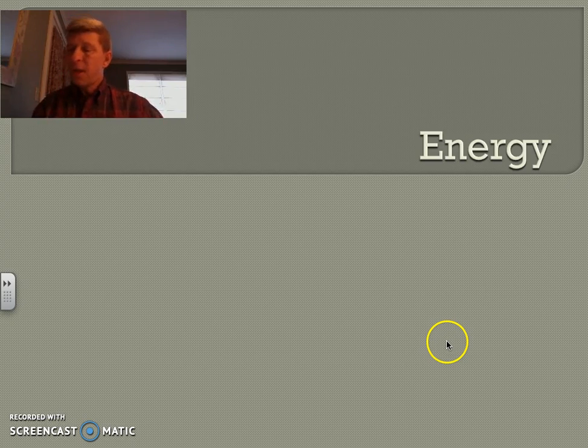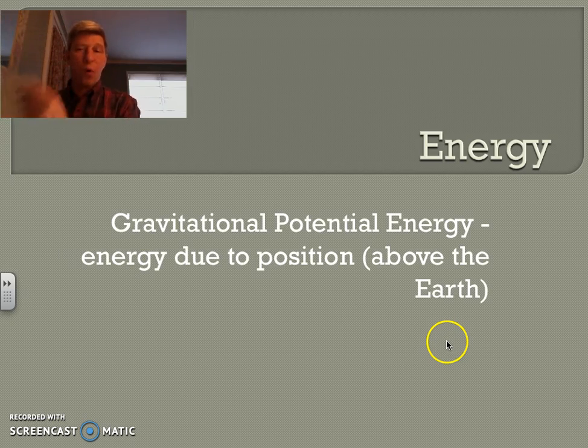Okay. That brings us to our next little trick, our second major form of energy, which is the gravitational potential energy, the energy due to the position. Okay? And because we are earthlings, or at least most of us are, yes, I'm talking to you, Dom, we refer to the gravity of the Earth here.